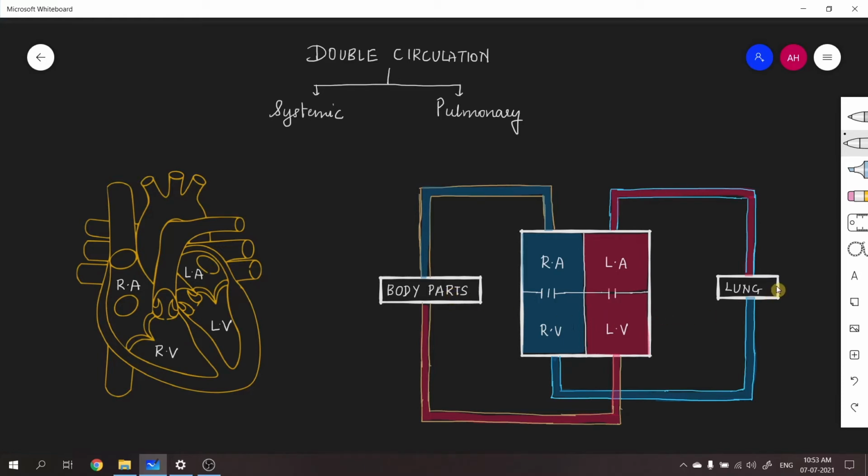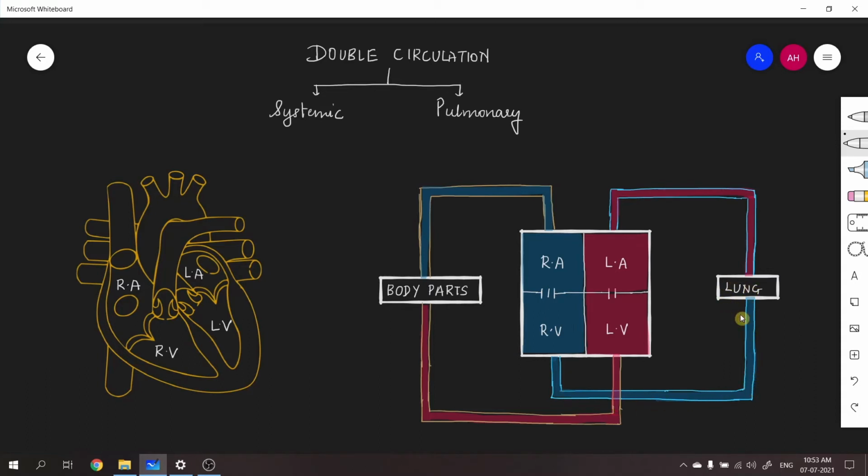Fine. Now let us look at the lungs first. The blood from the right ventricle is pumped to the lungs. Now this blood that is pumped from the right ventricle to the lungs is the deoxygenated blood. All right. So the deoxygenated blood basically comes into the right ventricle from all the body parts. So this deoxygenated blood is pumped to the lungs.